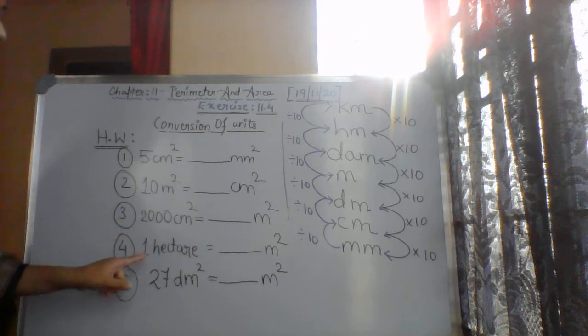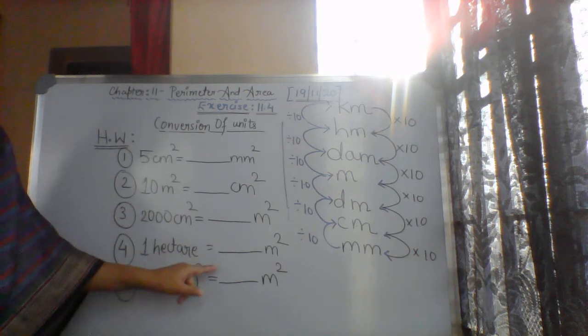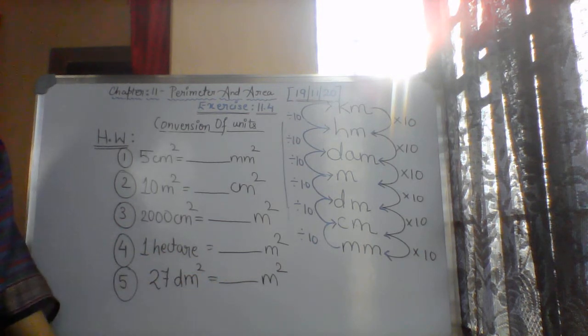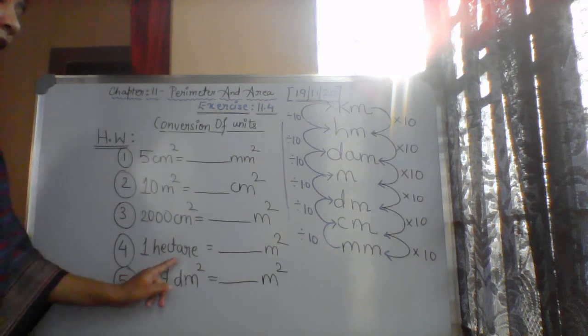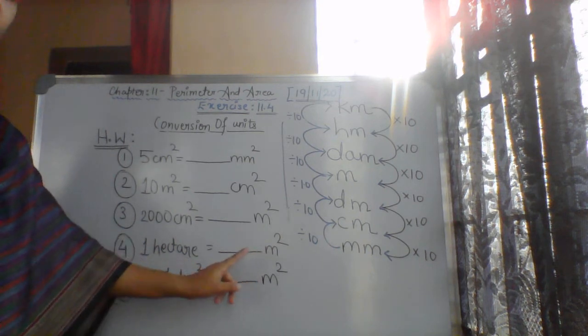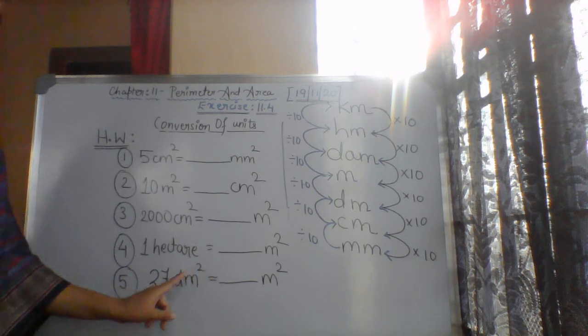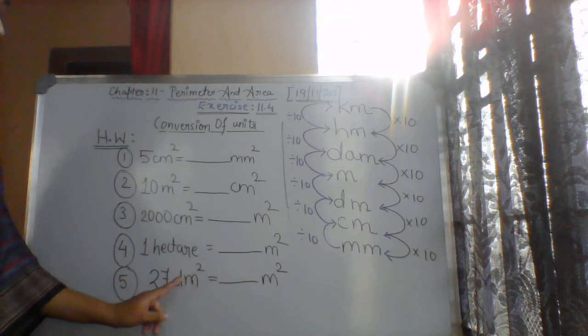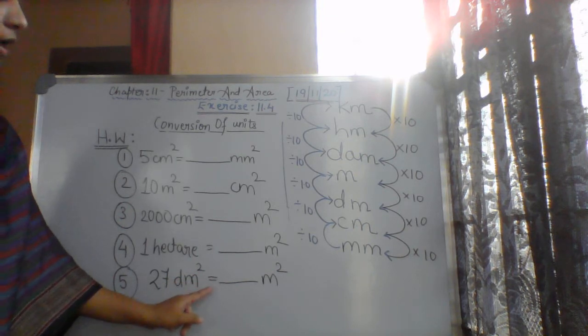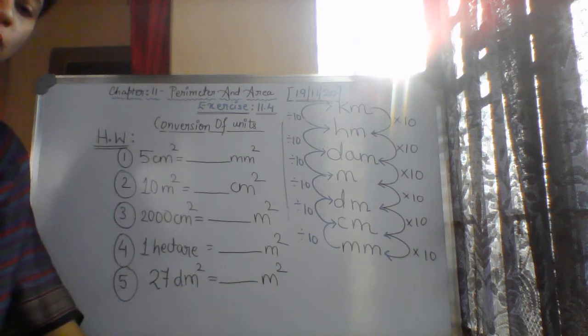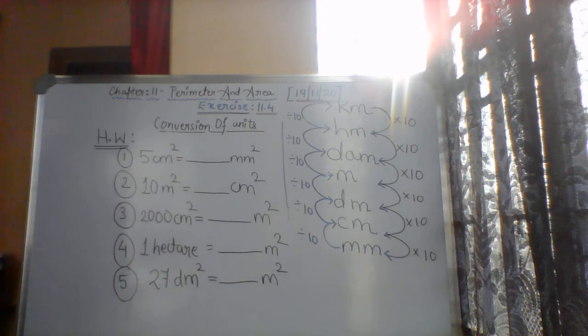One more new thing, 1 hectare equals to how much meter square? Next, fifth one, 27 decimeter square equals to how much meter square? So this will be your homework.